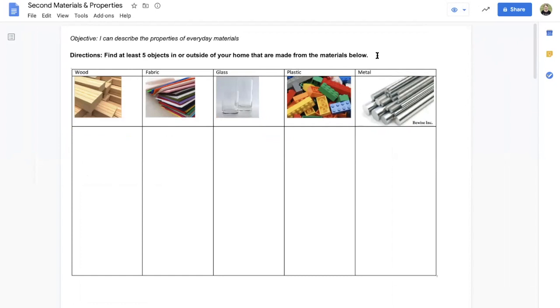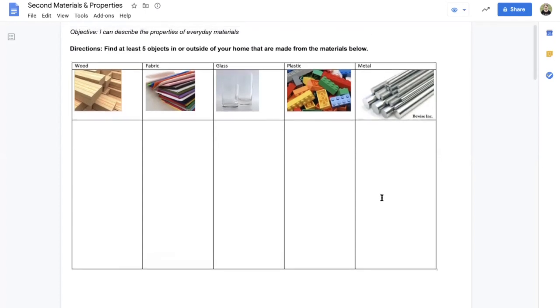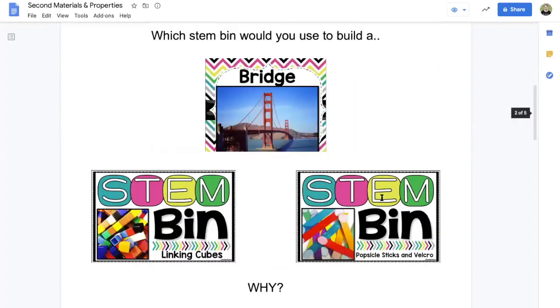So I want you to go on a little scavenger hunt and write the words or draw pictures of things that you have inside or outside of your home that are made out of wood, fabric, glass, plastic, metal.